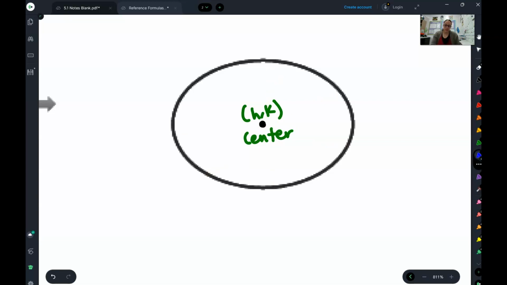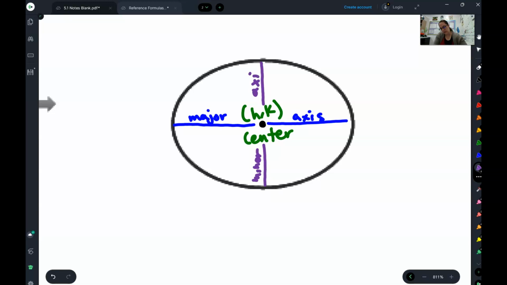So for an ellipse, we have what we call the major axis, which is the biggest, longest part of the ellipse, and the minor axis, which is the shortest, smallest part of the ellipse. So that's how we do it instead of a radius.